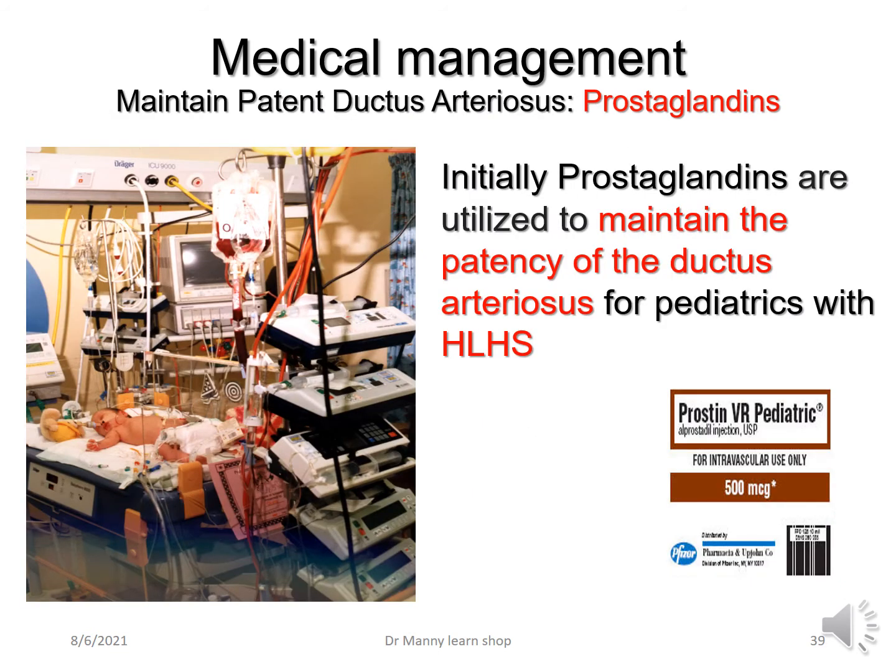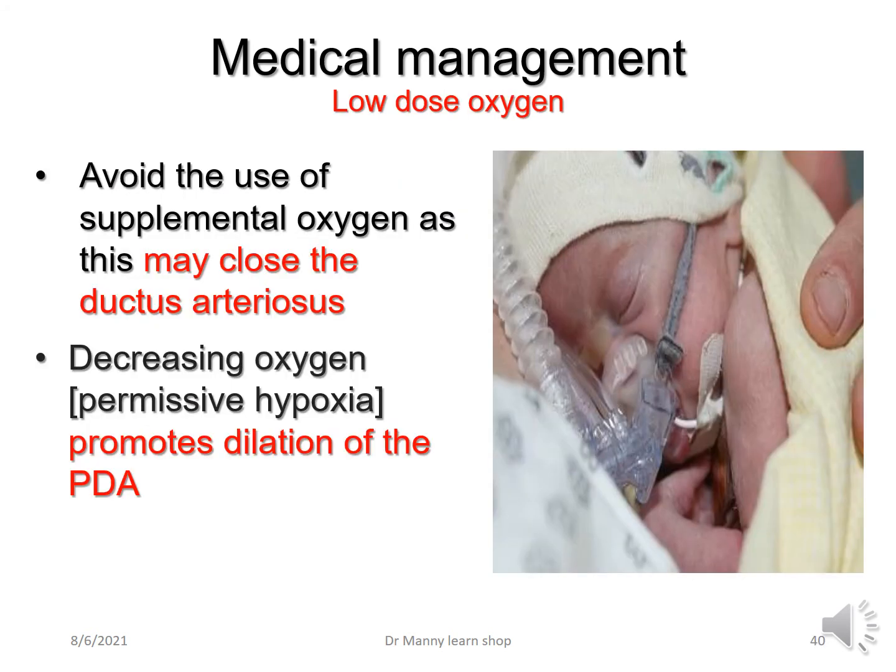When it comes to the medical management, maintain the ductus with prostaglandins until other interventions can occur. Maintaining the ductus is important, so low dose oxygen, if possible, permissive hypoxemia or hypoxia is encouraged.